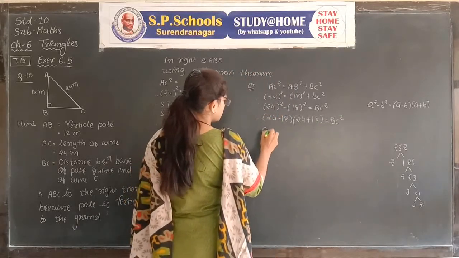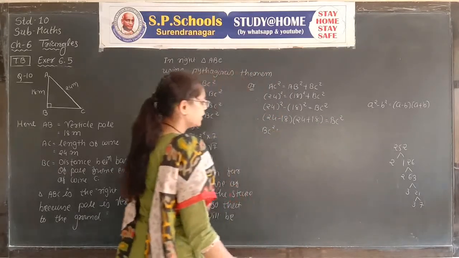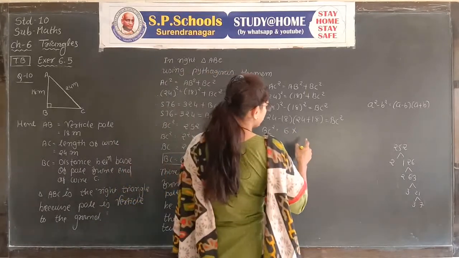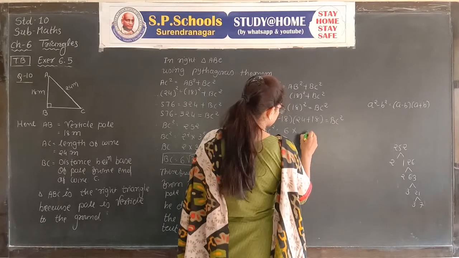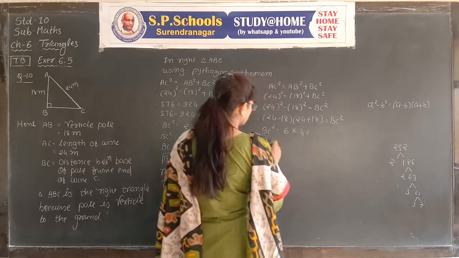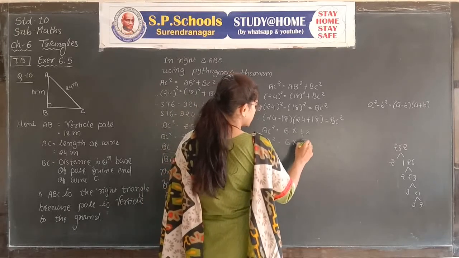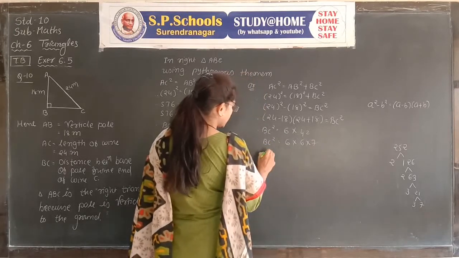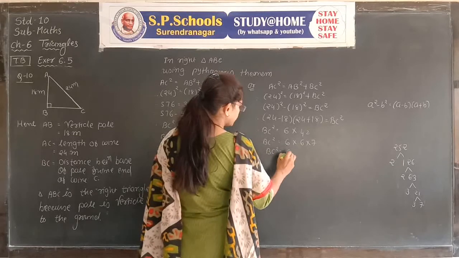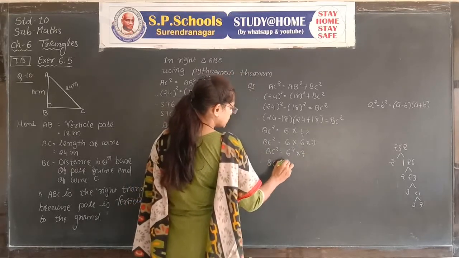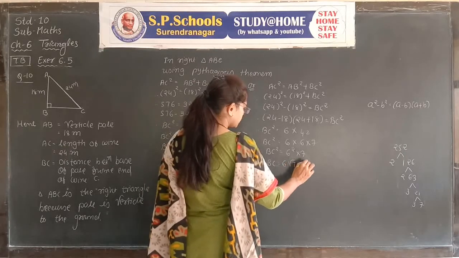So BC square is equal to 24 minus 18, which is 6, into 24 plus 18, which is 42. So BC square is equal to 6 into 6 7s are 42, which is the square of 6 into 7. Therefore BC is equal to 6 root 7 meters.